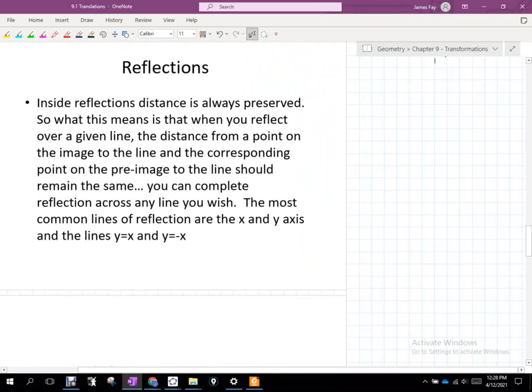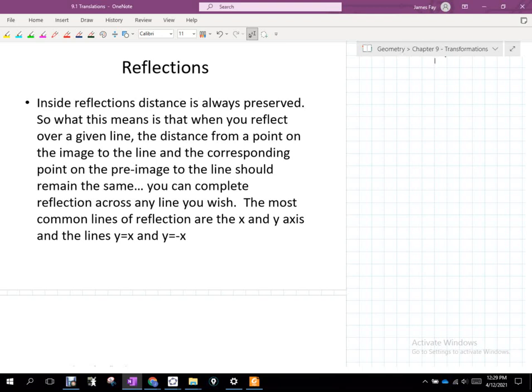Reflections are a little bit more difficult. Inside reflections, distance, again, is always preserved. It's an isometry. It's a rigid motion. What that means to us is that they're going to provide us a line of reflection. They're going to tell us whether we want to reflect across the x-axis, the y-axis, the line y equals 3, x equals 10, whatever it may be.